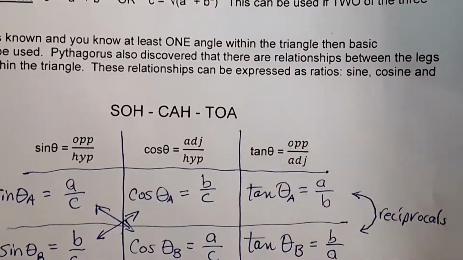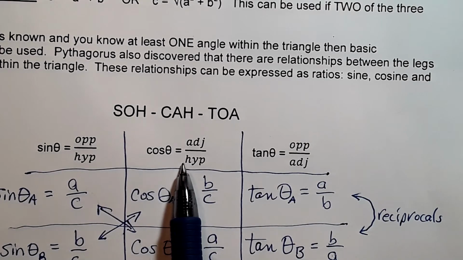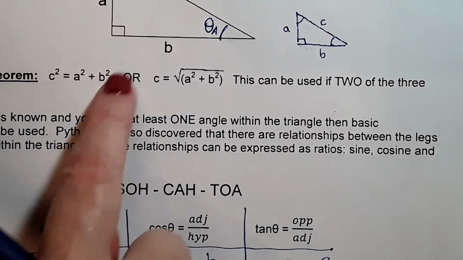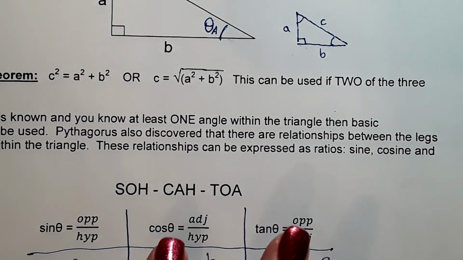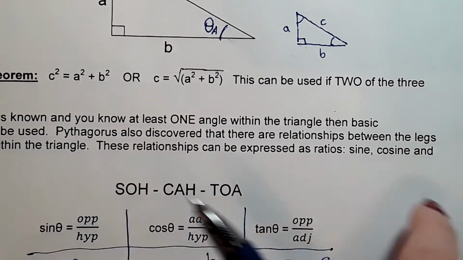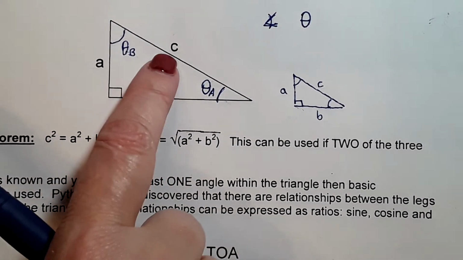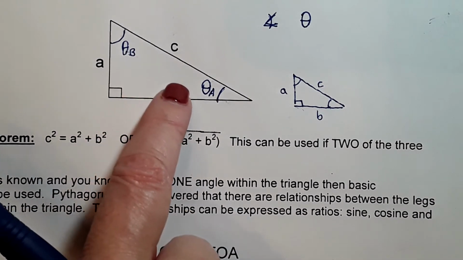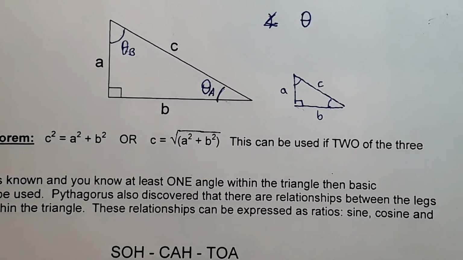Now, notice that two of them use the hypotenuse, which is fine. If you've already used the Pythagorean theorem to get the hypotenuse, it's no problem. However, what if you made a mistake finding the value of the hypotenuse? If that's the case, then if you try to use the hypotenuse with sine or cosine to get this angle, it's going to be wrong because your hypotenuse was incorrect.